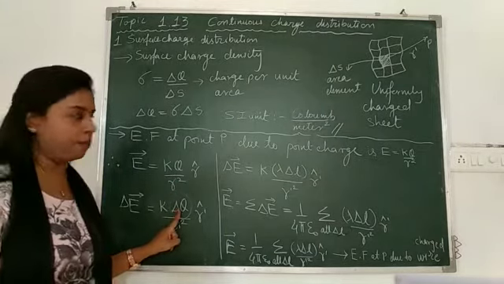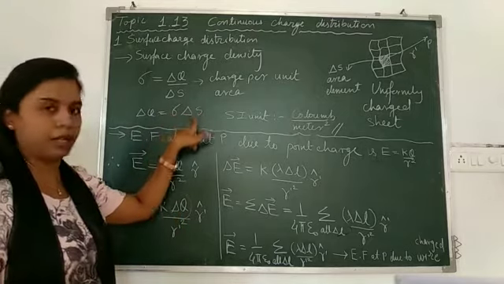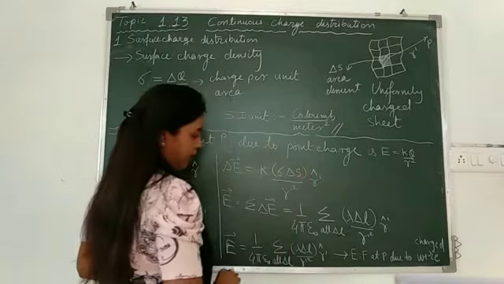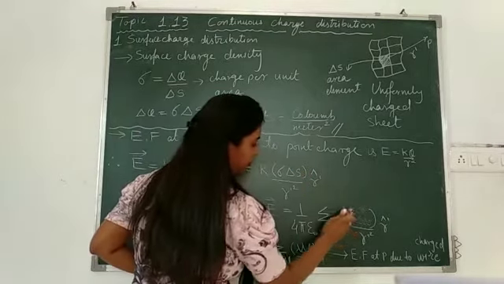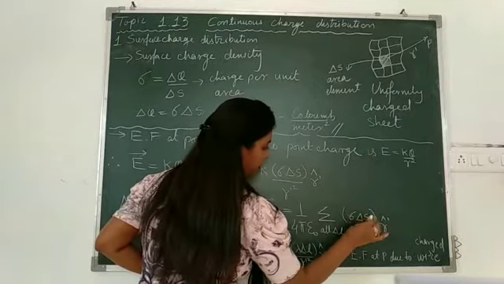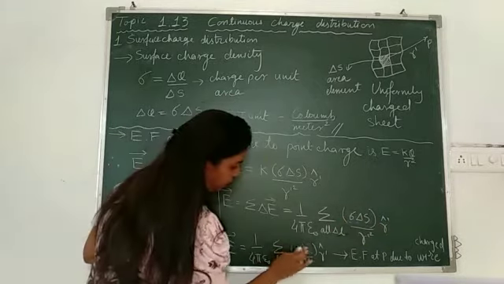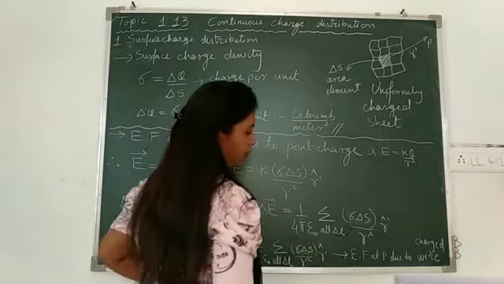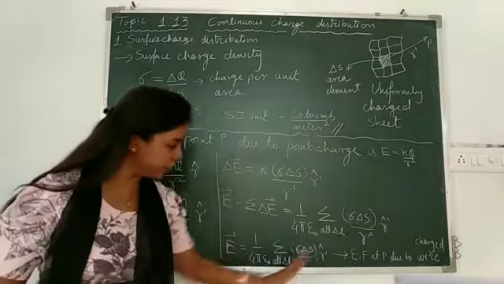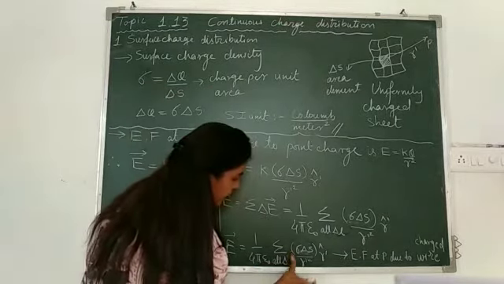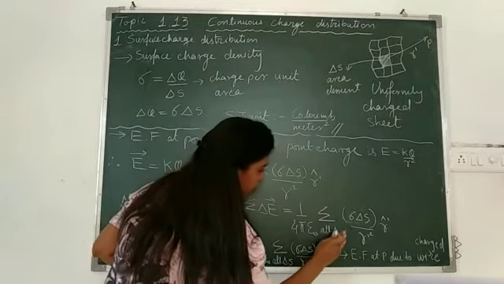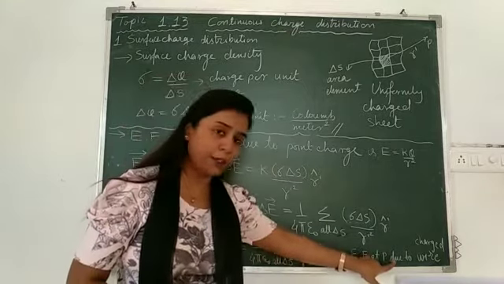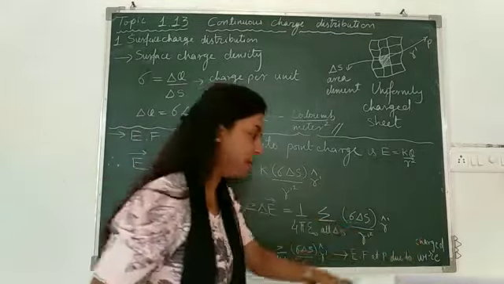Now instead of delta Q, we have to substitute sigma into delta S. So sigma into delta S. And this final equation, all delta S, this final equation will give you electric field at point P due to a charged plane sheet.